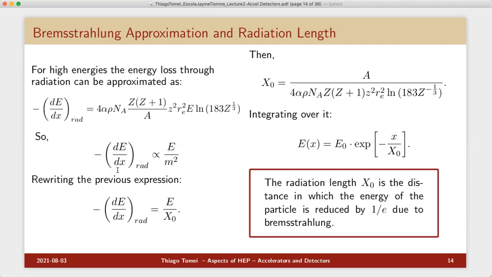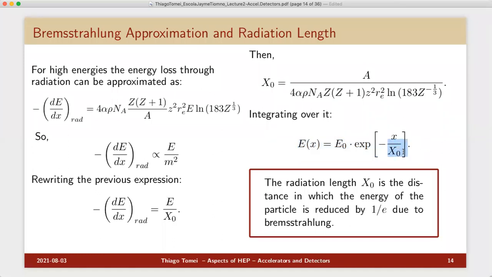But then you know what happens here, right? Because you can rewrite this previous expression, this big thing here, like this, and this x0 is this complicated expression here. But now this is easy, right? This is a simple equation, and you integrate it, and you get this loss of energy, which is exponential.